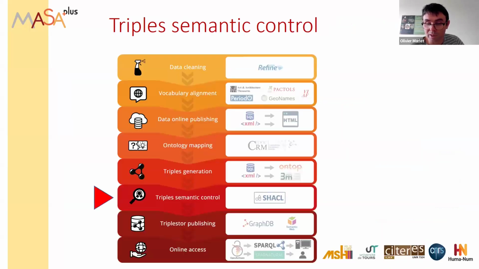Now we have our RDF file with all our triples. However, it would be an illusion to think that we can publish it just as it is. In fact, our file may contain syntax errors, data errors, or relationship constraints that are not respected. It is therefore essential to subject it to a validation check.